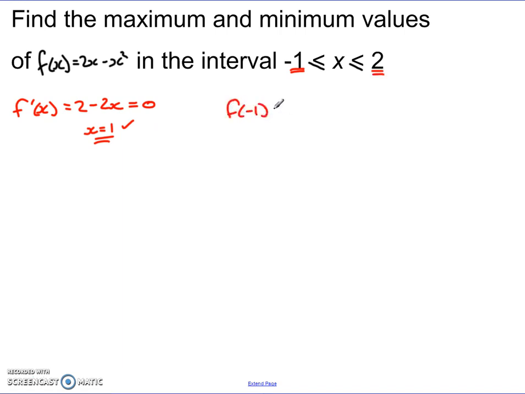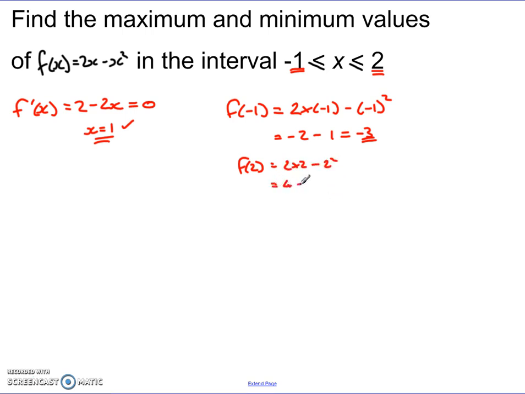So I'll do f of -1, substitute it in there. I get 2 times -1, take away -1 squared. So I get -2, take away 1, which is -3. So that's my value at f of -1. F of 2 equals 2 times 2, take away 2 squared.